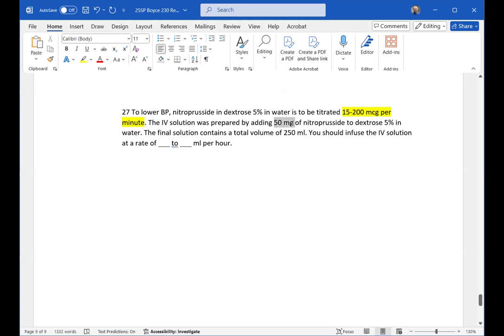So it's 50 milligrams, and then the amount of water is 250 ml. We need these bits of information in order to make our calculations. And then it wants to know how you should program your infusion rate. You're going to start at one set of milliliters per hour, and then ultimately get up to the final milliliters per hour.